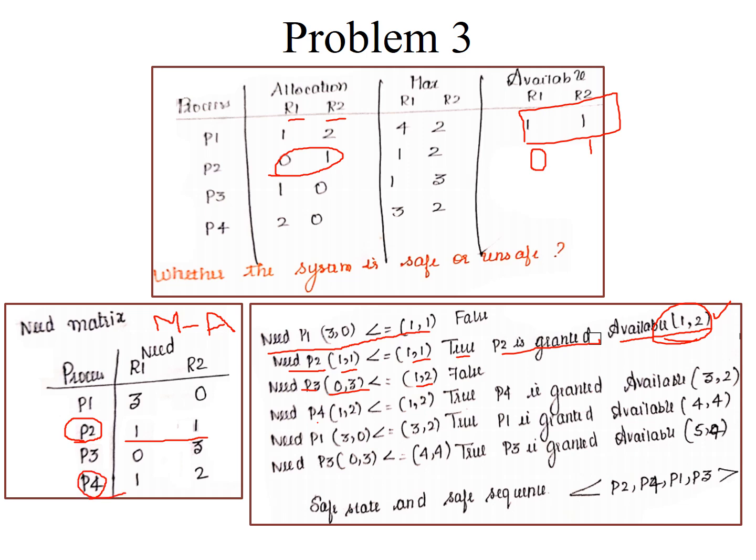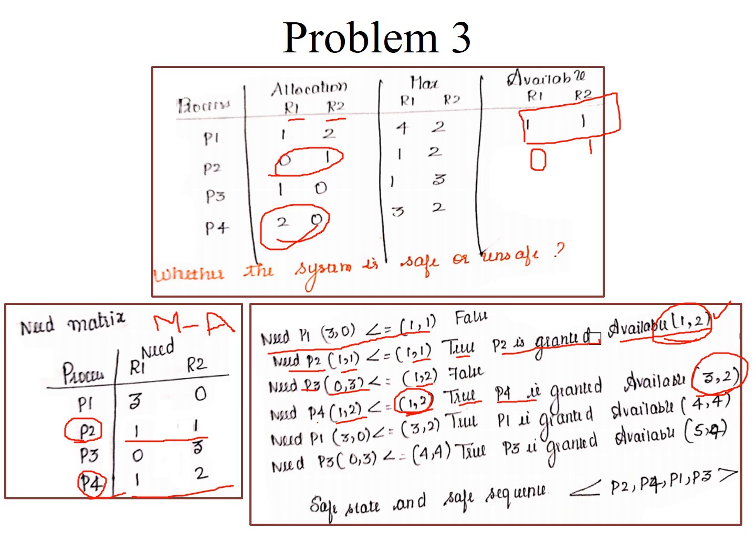P4's need is 1 comma 2, and we are checking with the availability, it's 1 comma 2, it's true, so P4 is granted and the availability becomes 3 comma 2. From 1 comma 2 it becomes 3 comma 2, as the allocation of P4 is 2 comma 0. So when you are adding 2 comma 0 with this availability, it becomes 3 comma 2. Now P4 is also done.